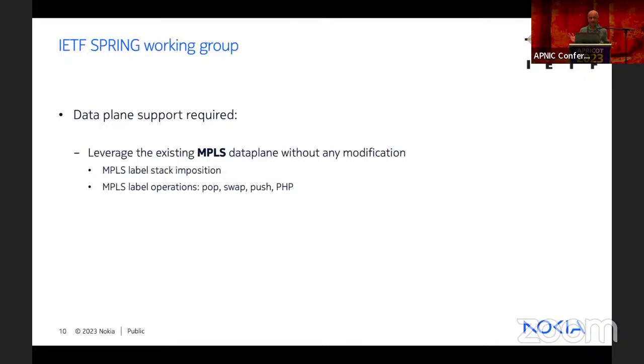It simply means that we are forwarding MPLS packets. We should be able to use the same mechanisms that are used by today's MPLS networks in order to forward this traffic. So the header is the MPLS header. The label is the MPLS label. We're doing things like pop, push, swap, same things we do with MPLS.